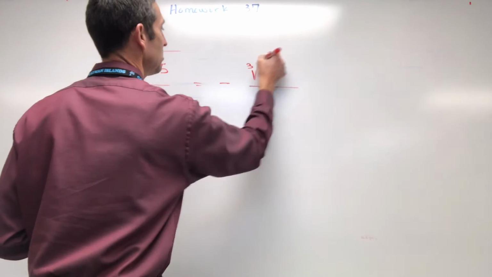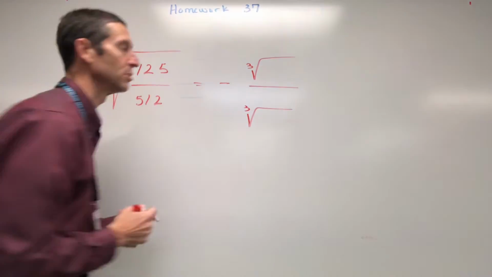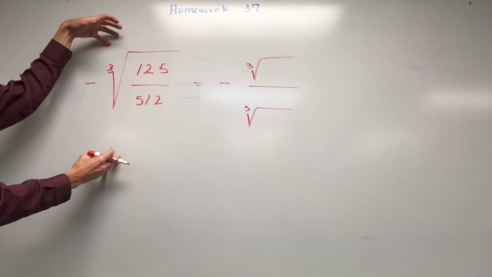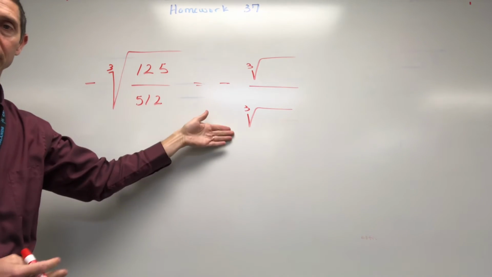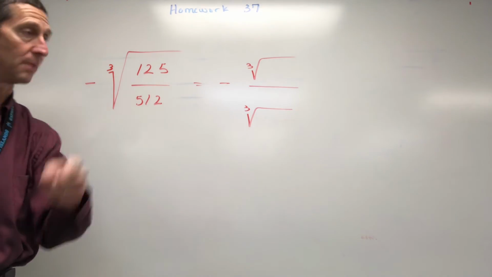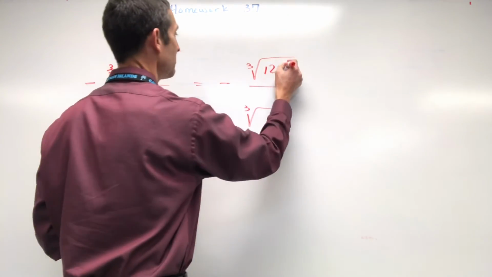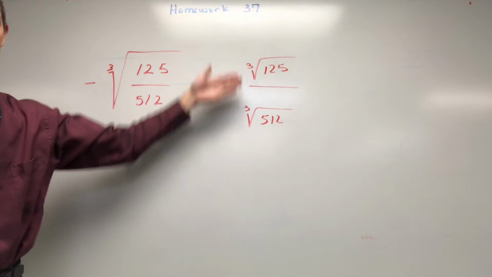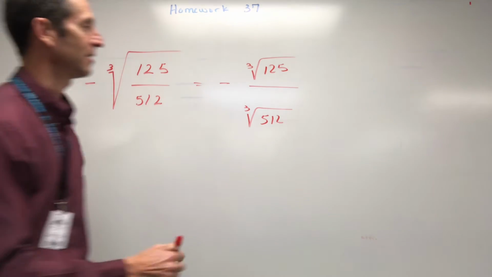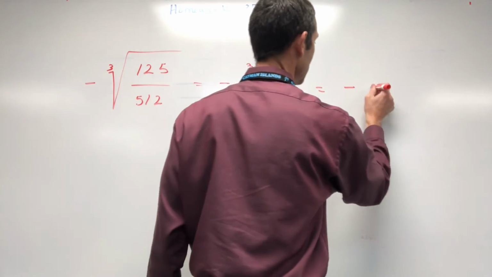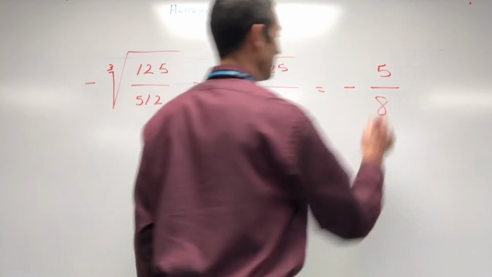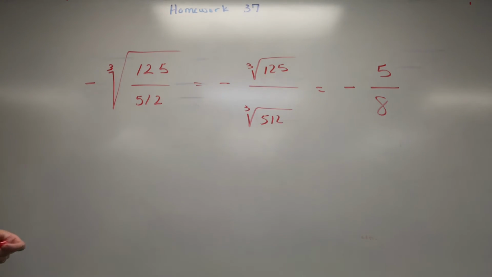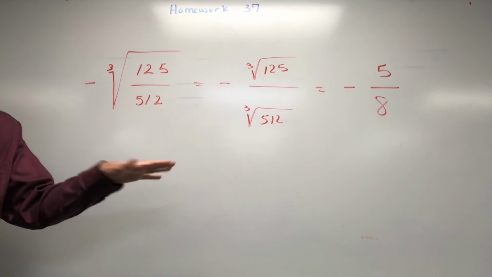And you can run cube root up top, you can run cube root on bottom. So instead of having the giant cube root, you can split it into 2 little problems. So we throw 125 up here, we throw 512 down there. This is going to be 5, that's going to be 8. You're like, I'm in business. Still got your negative, and then that's your answer. So negative out in front is no stress no matter what.